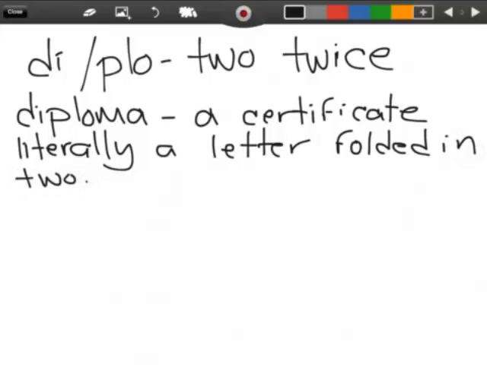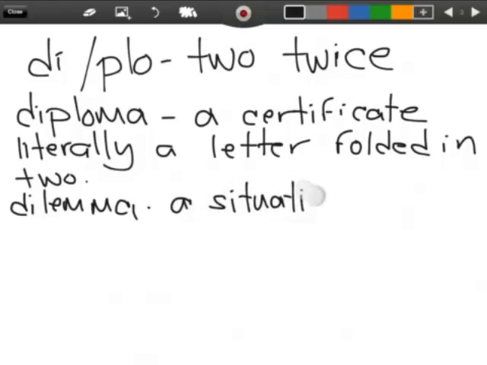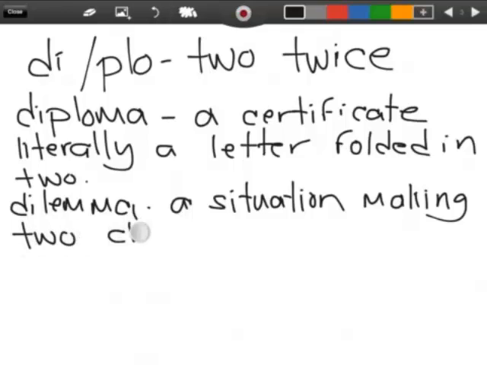I'm going to give you another one, and that's going to be dilemma. The meaning of that is a situation making two choices.